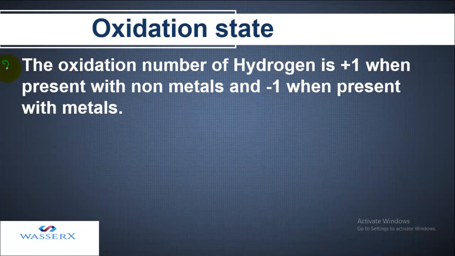Third point is, the oxidation number of hydrogen depends upon which type of element it is combined with. It can be in combination with a metal, or it can be in combination with a non-metal. So depending upon it, the oxidation state of hydrogen is decided.